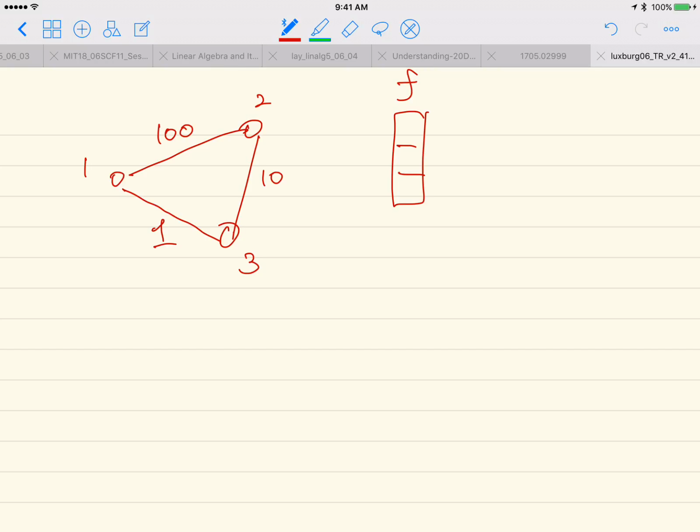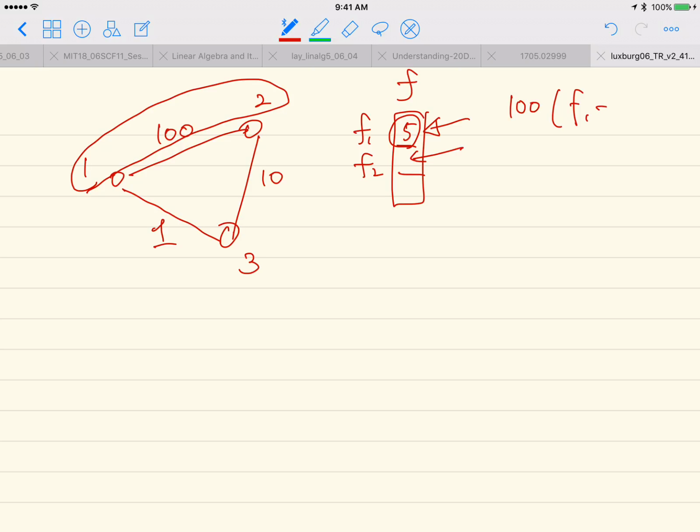If this value is maybe 5, since the edge weight between node 1 and 2 is really large, we have to make this value really close to 5. Because this one is f1 and f2, and from the previous equation we are considering this weighted squared sum of f1 minus f2 squared, and this one is w12, right?